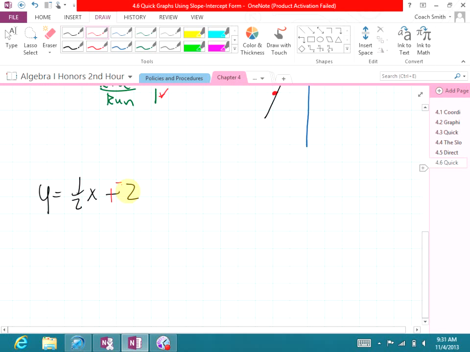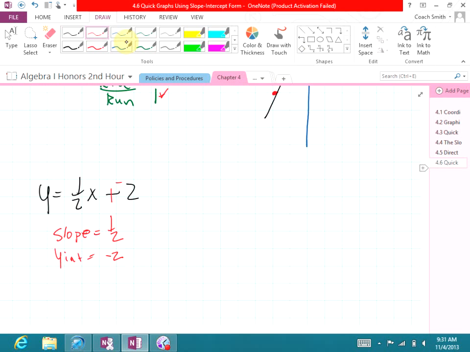So what this tells us is the slope is equal to 1/2, the y-intercept is equal to negative 2. And they want you to graph that slope-intercept form or this equation.